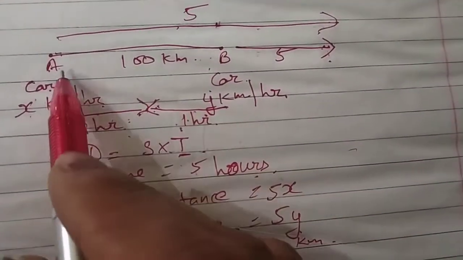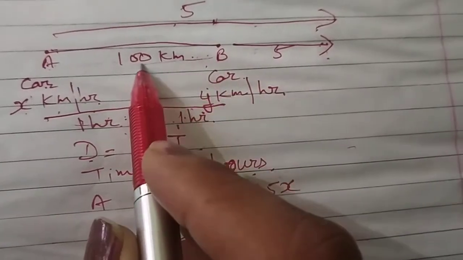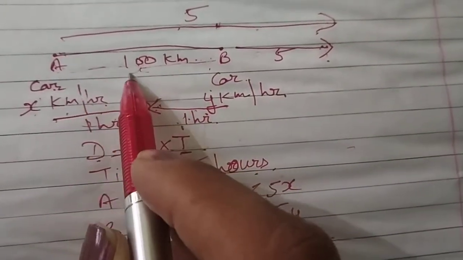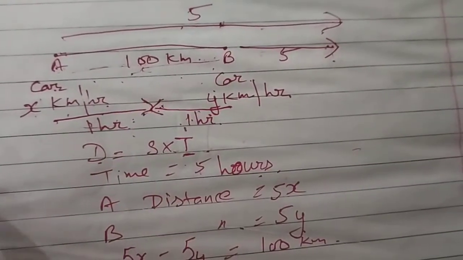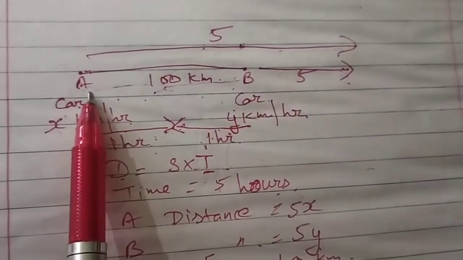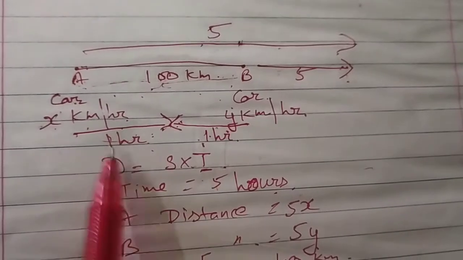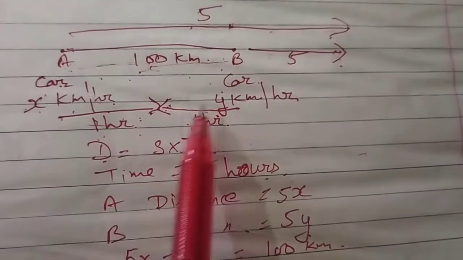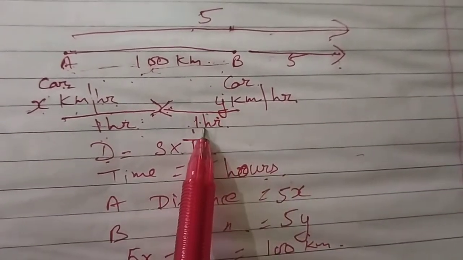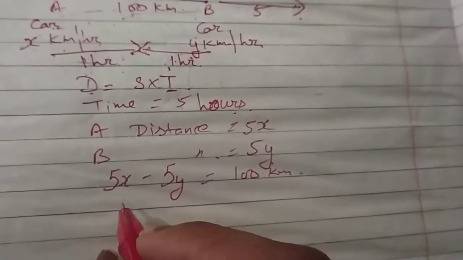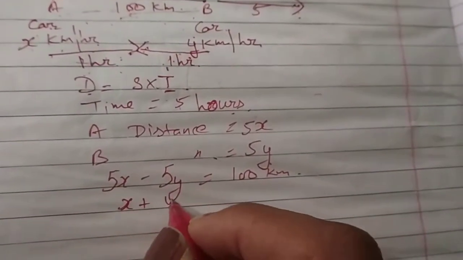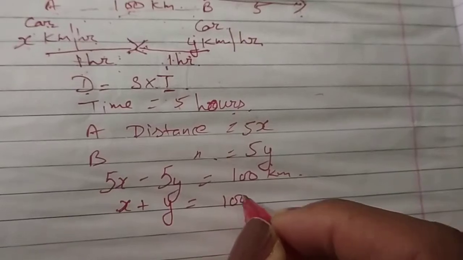So can we say they both have covered the total distance equal to 100 kilometer? Yes, they both have covered 100 kilometer distance. And how much distance has A covered? A has covered x speed into 1 hour. It means x into 1, x, and B has traveled y into 1, y. So x plus y, they both together have covered total 100 kilometer distance.